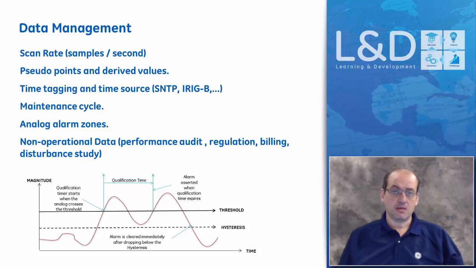Once the decision has been made on what list the data should be categorized in, other decisions involve how often we look at the data that's coming from the substation. So what are the scan rates? How many samples per second are required to be taken? And there could be software points that are required to be generated.